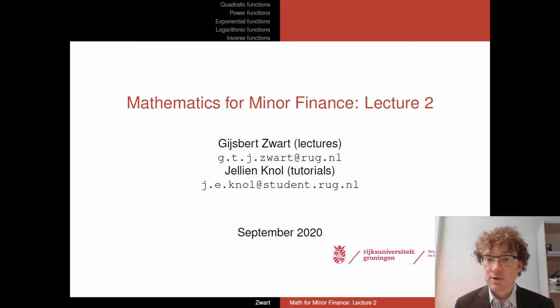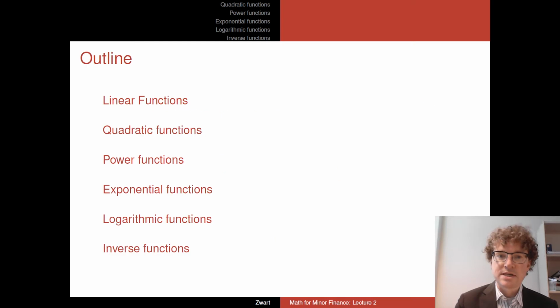So today we're going to continue on our path to seeing or recalling certain kinds of functions. Basically what we're going to do is first have a look again at what's a linear function, then we'll look at quadratic functions, which are related to the quadratic equations that we already looked at the last time.